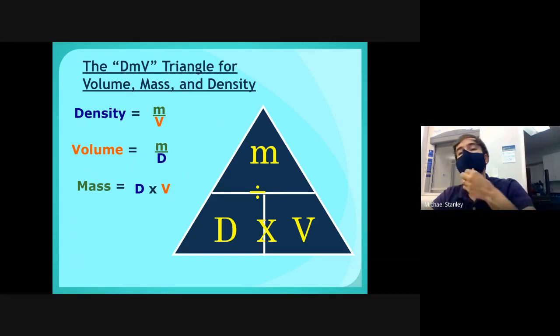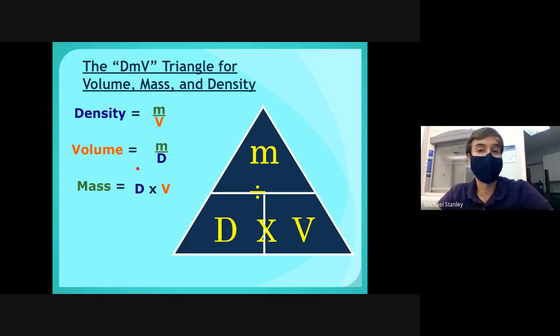Sounds good. So again, as long as you know two of the three values, you can do a calculation to find the third one. The calculation that you do depends on what you have. If you know the mass and volume, you can divide to get the density. If you know the mass and density, you can divide to get the volume.